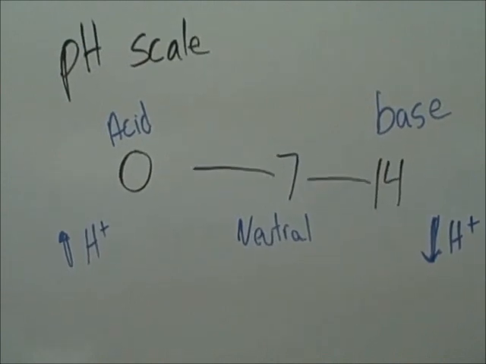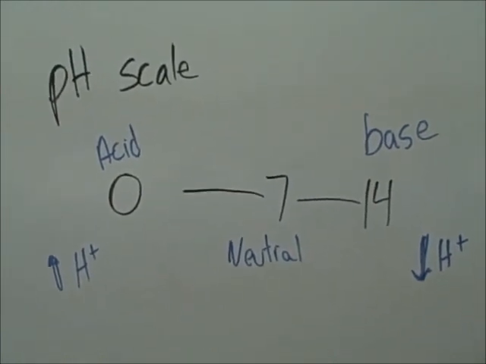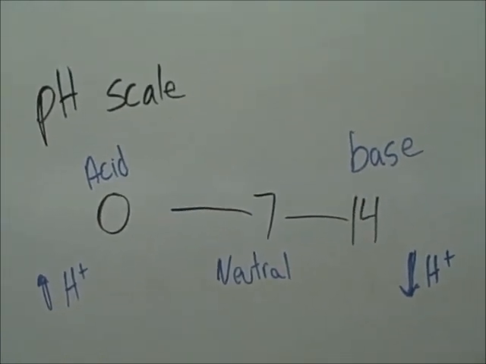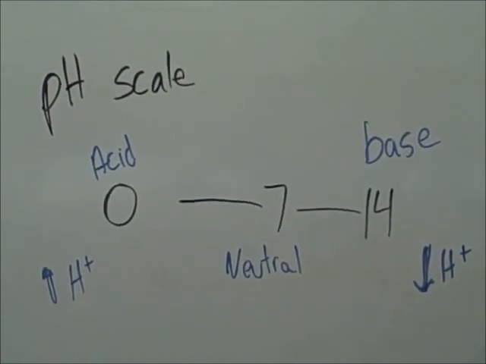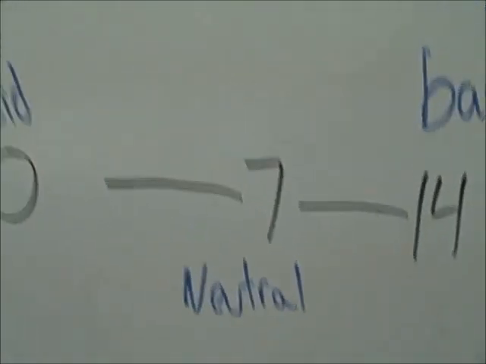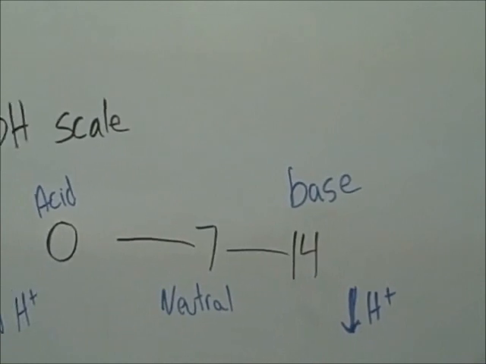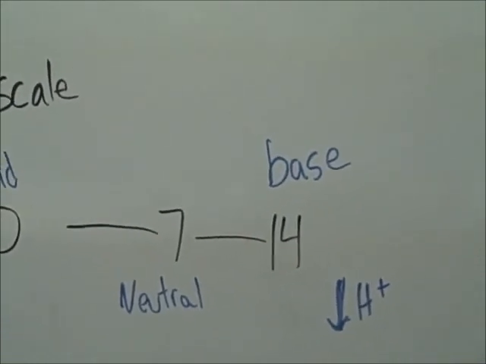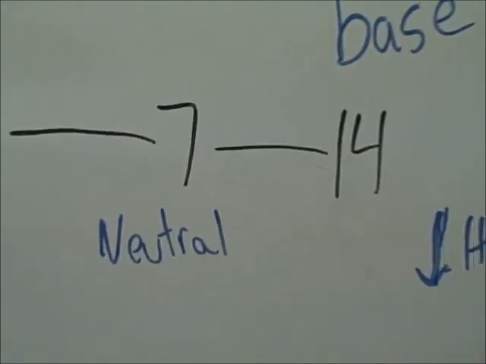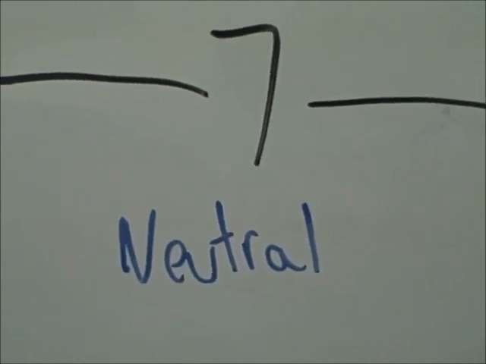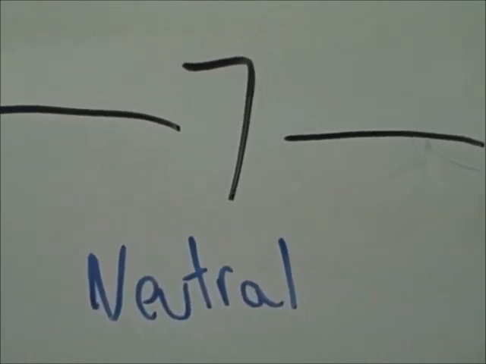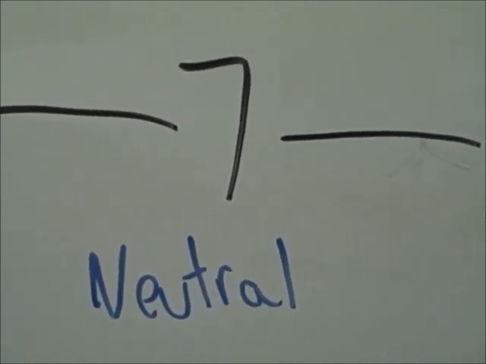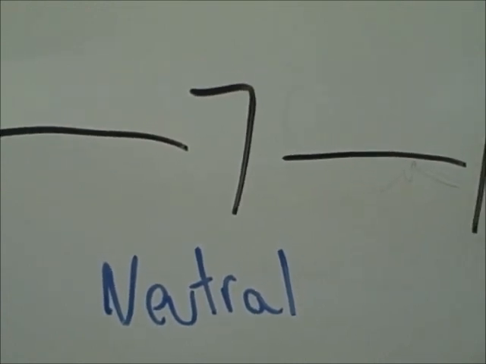Here's the pH scale. Well, how do we measure how strong an acid is or how strong a base is? Well, it's a scale called potential hydrogen, how many free hydrogens there are. Anything that doesn't have very much, or is neutral, has a value of 7.